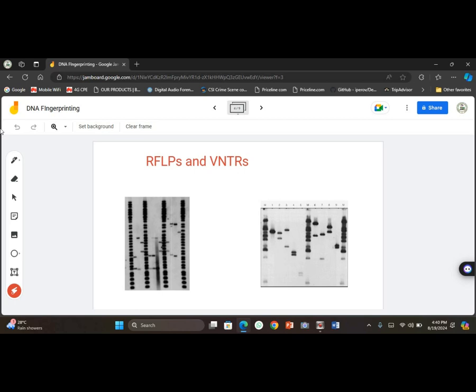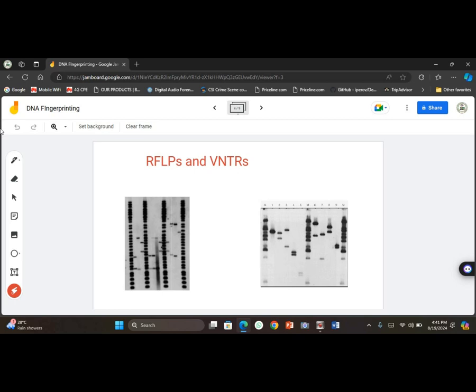So we use radioactive or fluorescent label probes that are hybridized onto the nylon membrane, which bind to specific DNA sequences present in the pattern to produce a pattern of bands, which creates the DNA fingerprint.